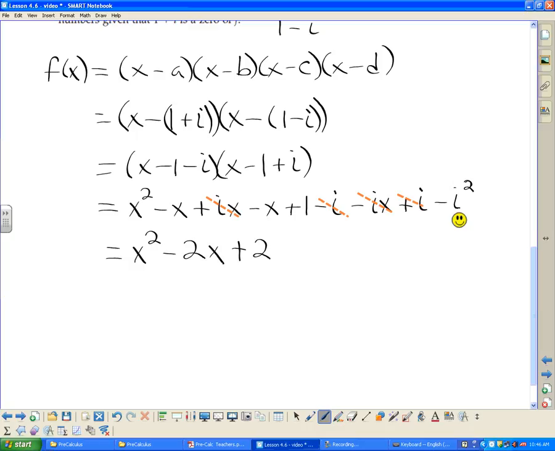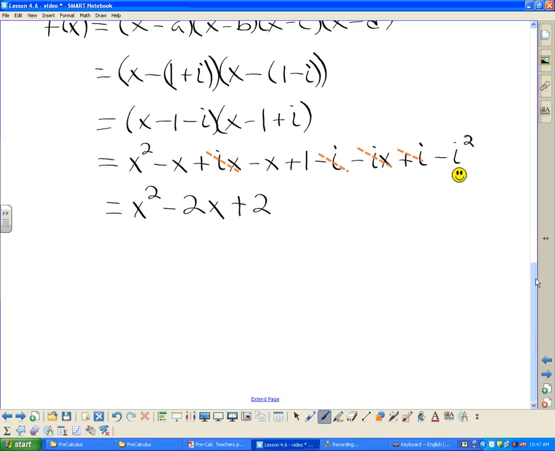And to find the other one, we're going to have to do some long division. Because this is a quadratic function and not linear, we have to do long division to be able to find our other 2 factors. So we're going to take x squared minus 2x plus 2 and divide that into our original polynomial.